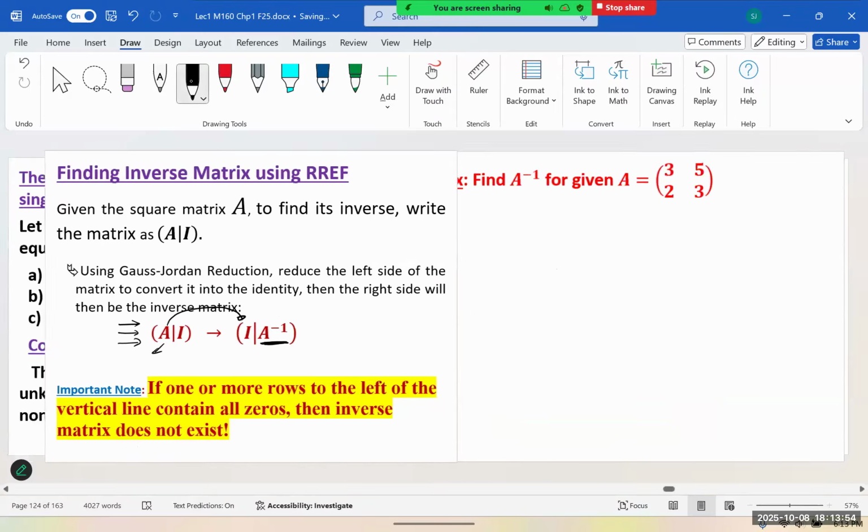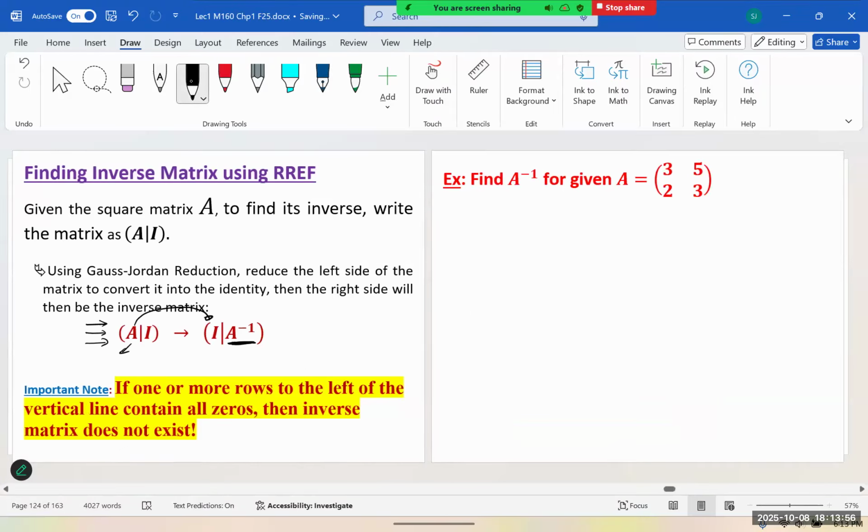Okay. Let's do some examples and things will be clear. Our goal is to find A inverse using the formal method. So we write A and the identity matrix together, A vertical bar identity matrix. We have 3, 2, 5, 3 as our A matrix, and our identity matrix is 1, 0, 0, 1.